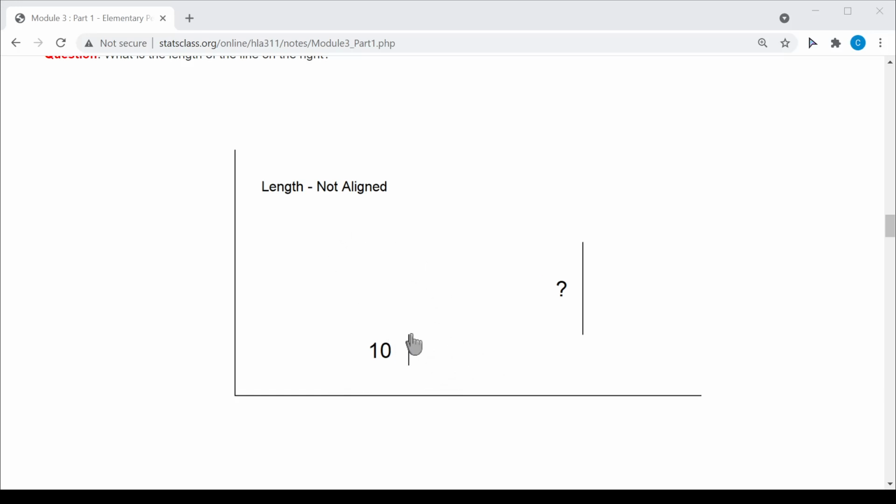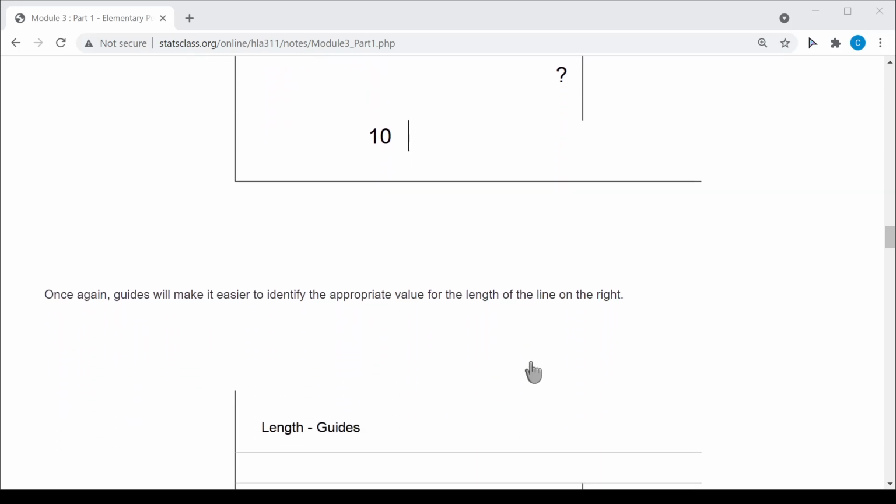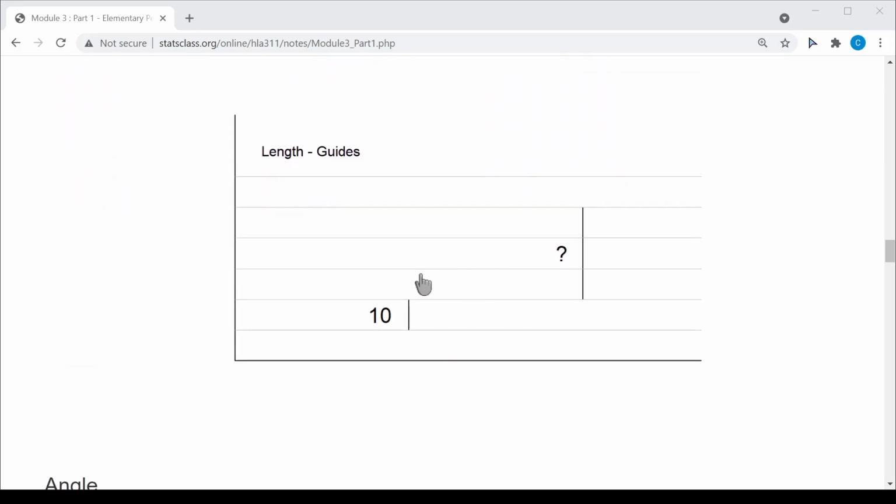So if this length represents 10, just pause and take a guess at what you think this value represents over here. So this value here is actually 30. If you take 3 of these lengths, you'll get up to the total length of this line on the right there. Once again, our ability to use grid lines is going to make that even easier.